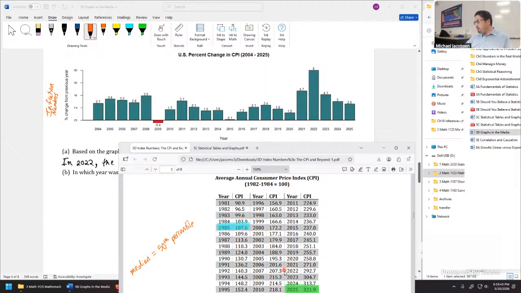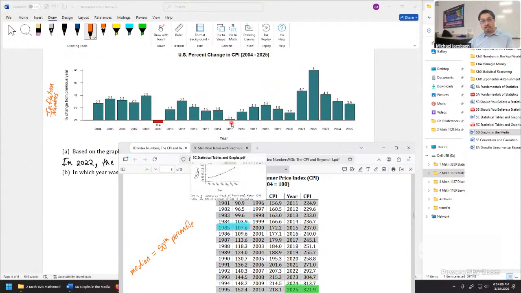It starts going up and up and up, except for 2009. It dropped down a little bit. But all these are positive percent changes, meaning it keeps on going up. Even in 2015, it went up by a little bit, 236.7 to 237. Not much, but that was an increase.